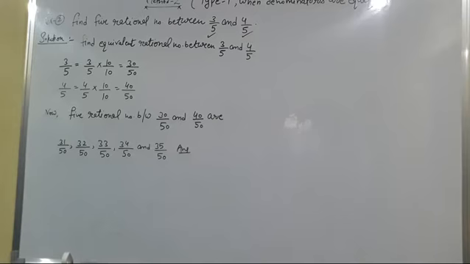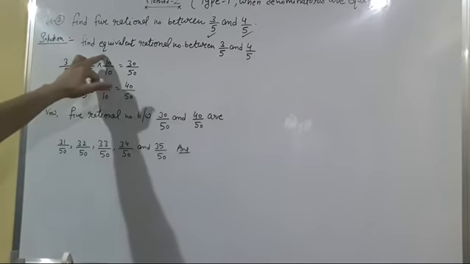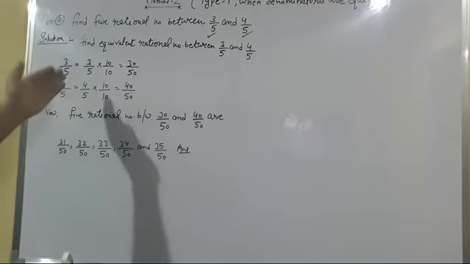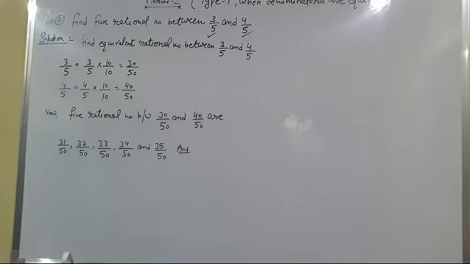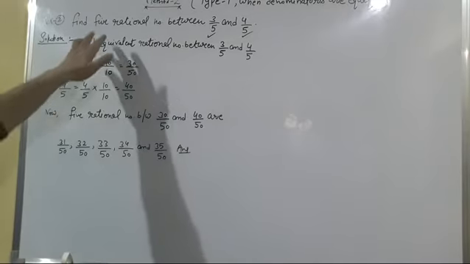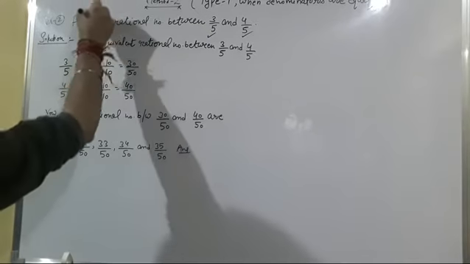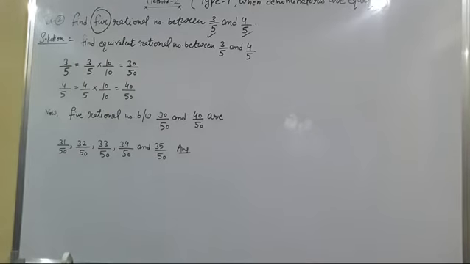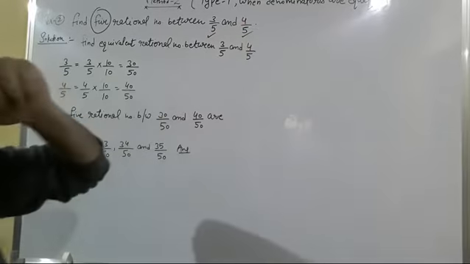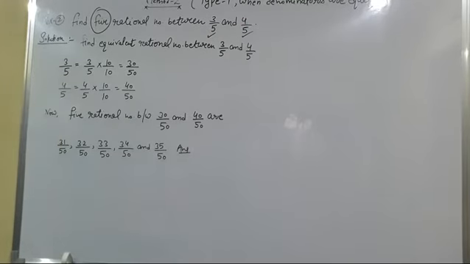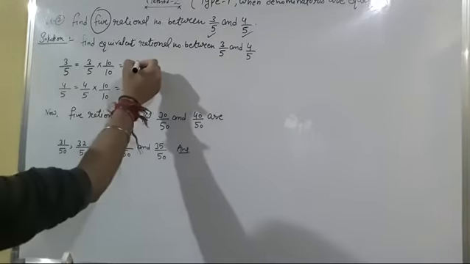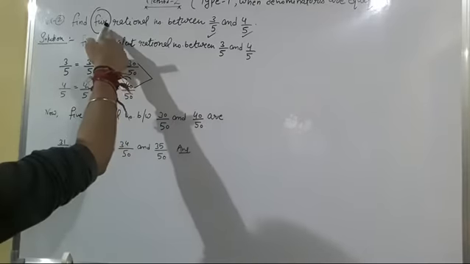Then how will you select the number by which to multiply to find the equivalent rational numbers? The reason is this: we have to observe how many rational numbers we have to find. In this question, we have to find 5 rational numbers between 3 by 5 and 4 by 5. Therefore, the difference between the numerators should be greater than 5.